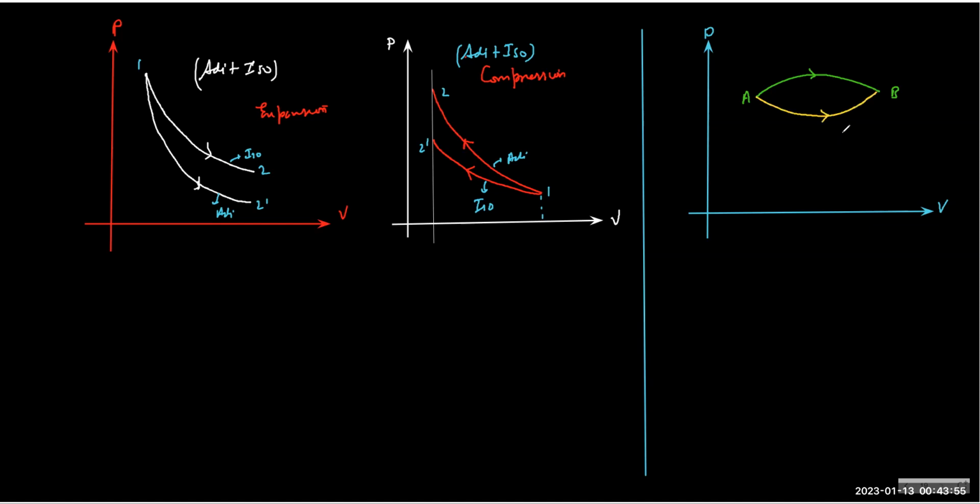The question is, in which process it will absorb more heat? One or two? Let's say in the process one, it absorbs dQ1. In the process two, it absorbs, let's say dQ2. So in which process it will absorb more heat? Sir, dQ1, sir. Correct.